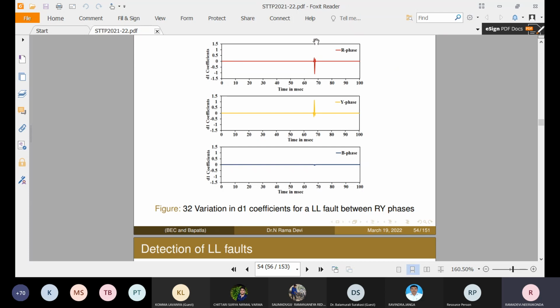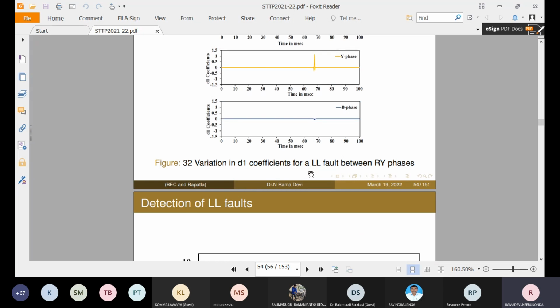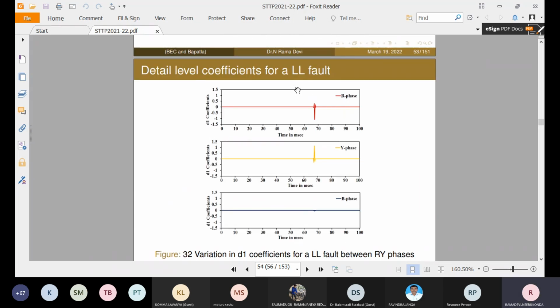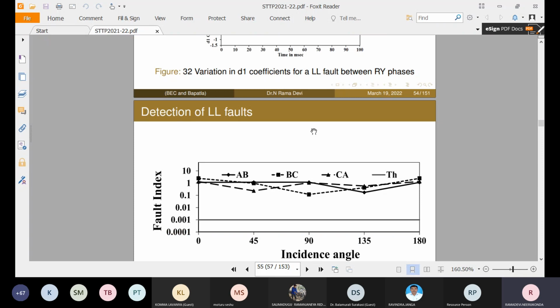But the detection algorithm is based on the fault index. The fault index we consider from these three detail level coefficients. The maximum peak absolute value of the detail level coefficients of the three phases is set as the fault index. So when that fault index crosses the threshold, the fault is identified.